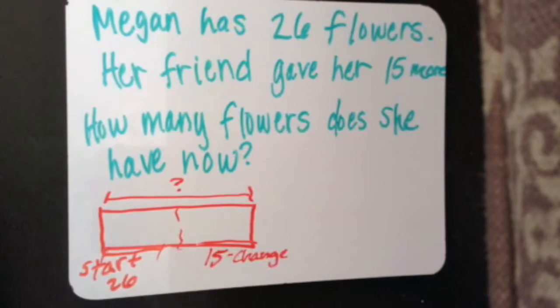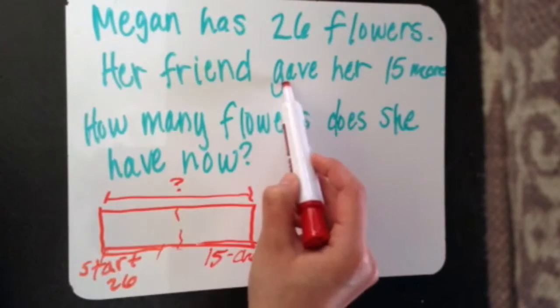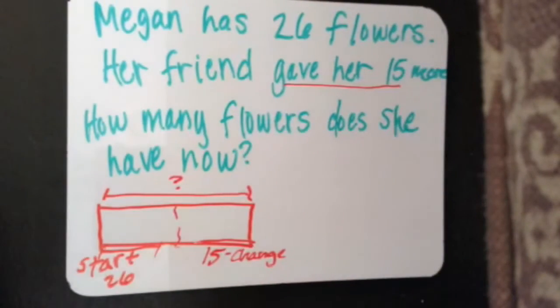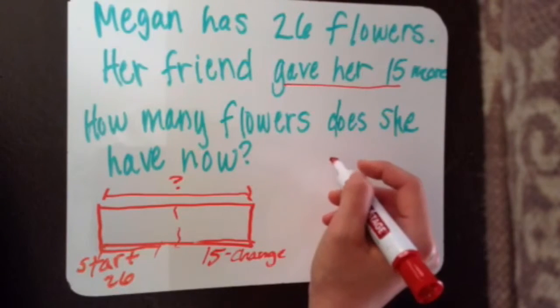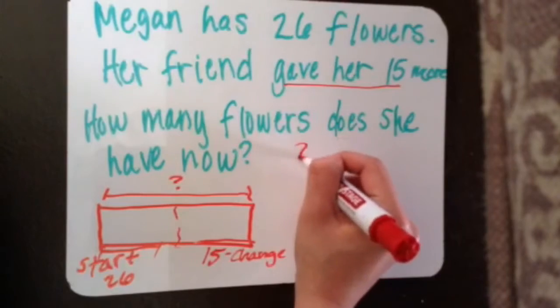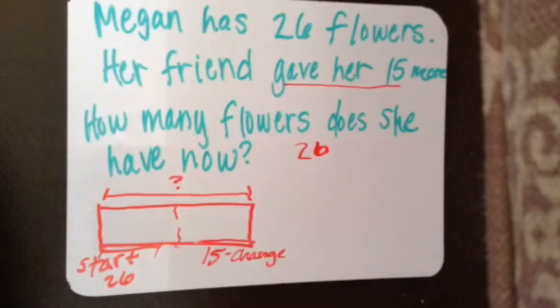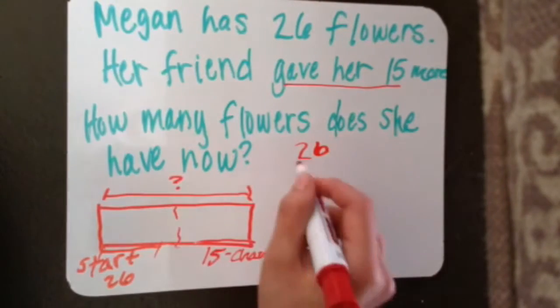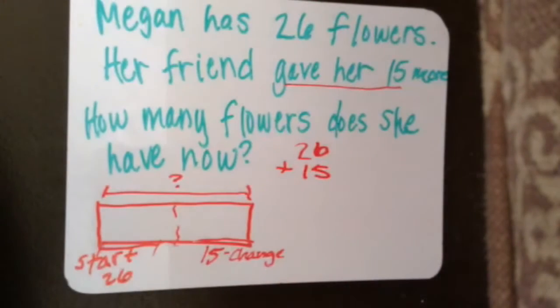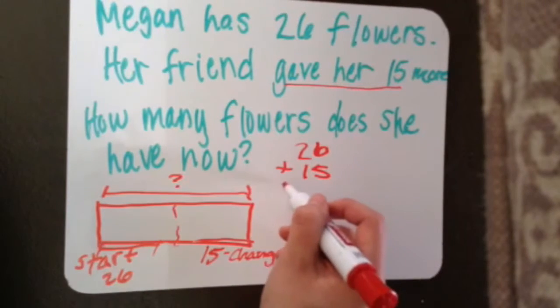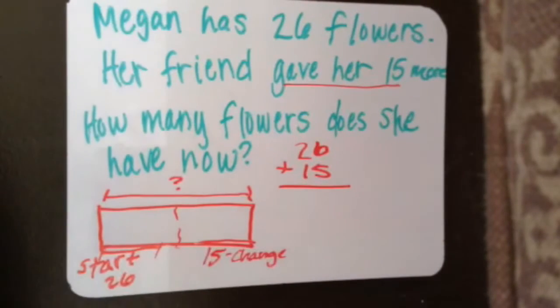We know this because of the keyword: her friend gave her 15. We will start with the number of flowers that Megan started with, which was 26. We know that we're adding 15, to find our result, how many she has now.